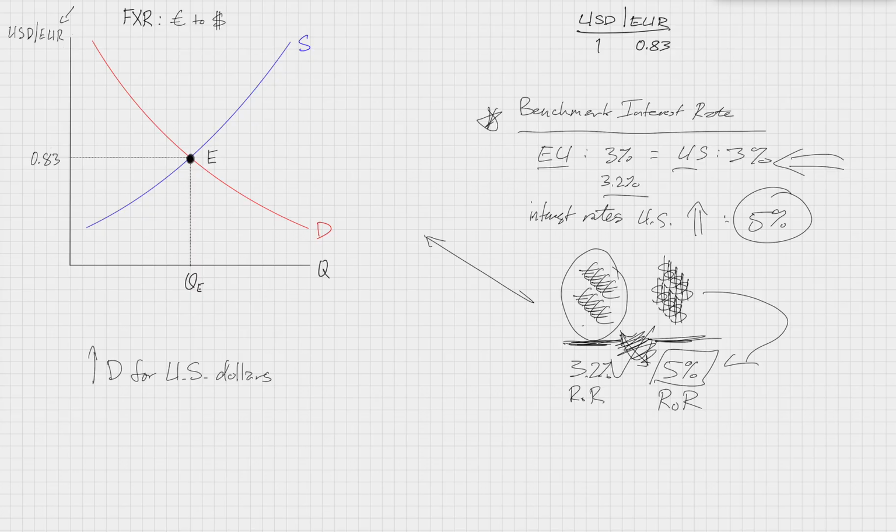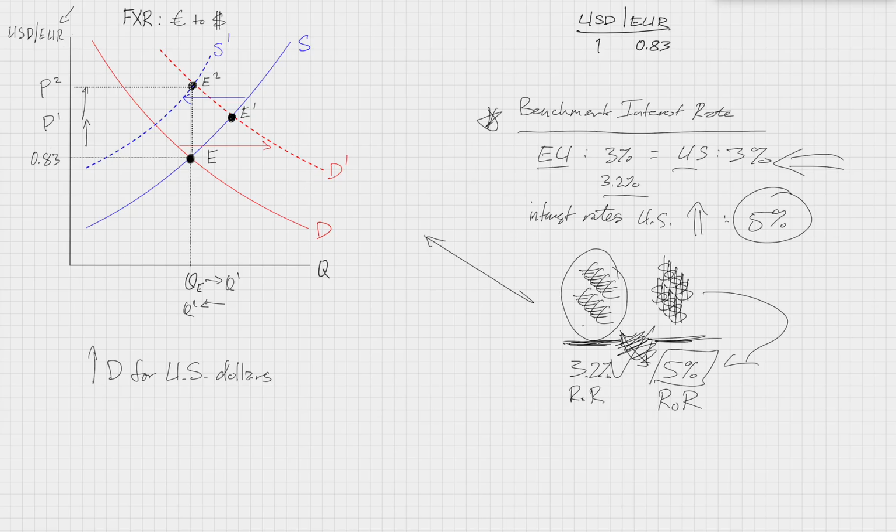The demand curve for US dollars shifts out, and with all of these euros being flooded into the FXR market for euros to dollars, that's going to send a bit of a supply shock into that market, specifically for dollars and euros. Ultimately, the demand curve shifts out.